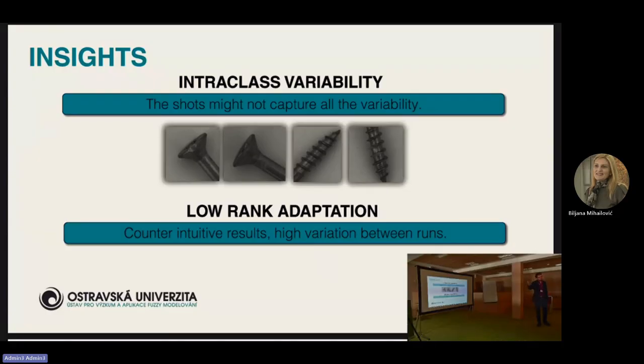So given these results, what are the insights? What did we find to be interesting or seems to be issues? First of all, the intra-class variability. There is a low chance that by getting a few images from some assembly line, these images will have all the problems captured in them.